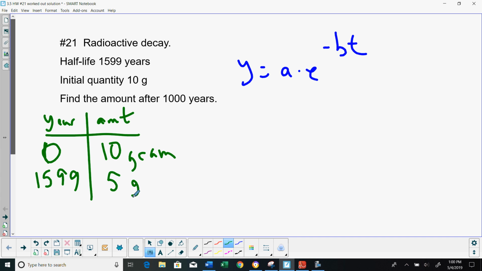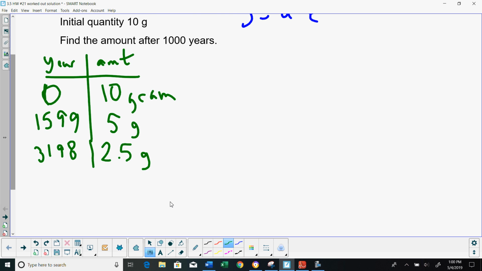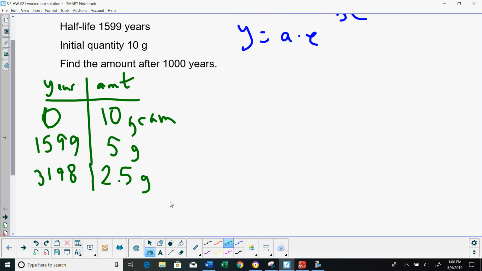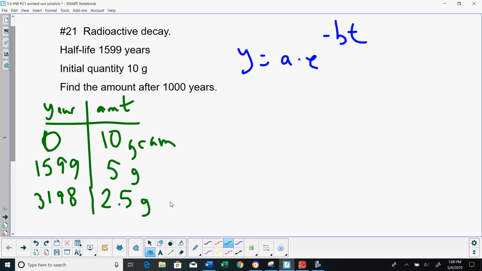Another 1,599 years, that would be 3,198, and I would be down to 2.5 grams, and so on. So every 1,599 years, I lose half of what I had at the beginning of that period. That gives you a little overview of half-life.